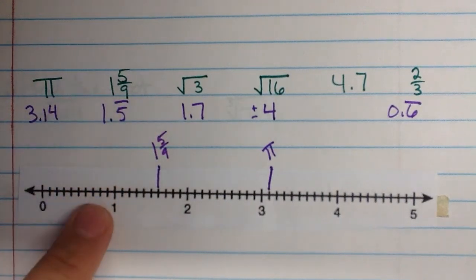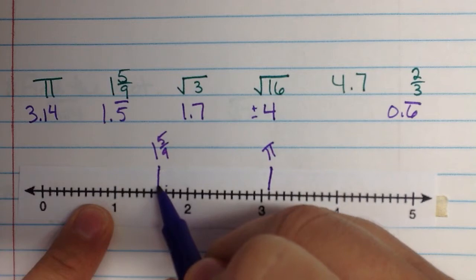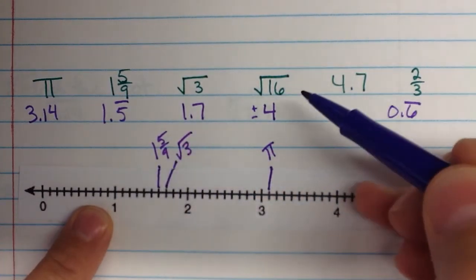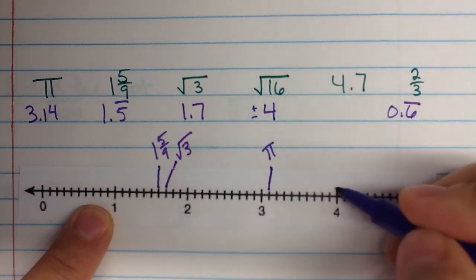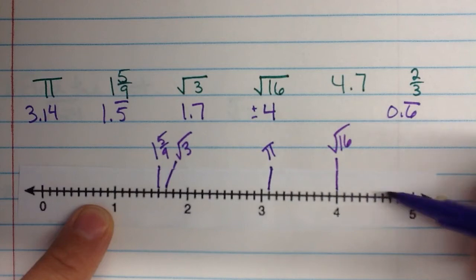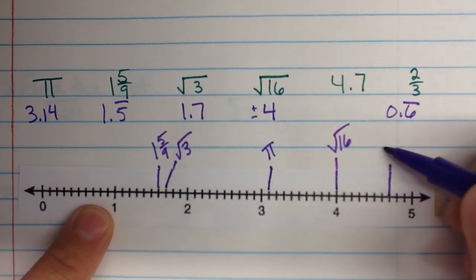Square root of 3 is 1.7, so this was 1.6, so here's 1.7, square root of 3. Square root of 16 is 4.